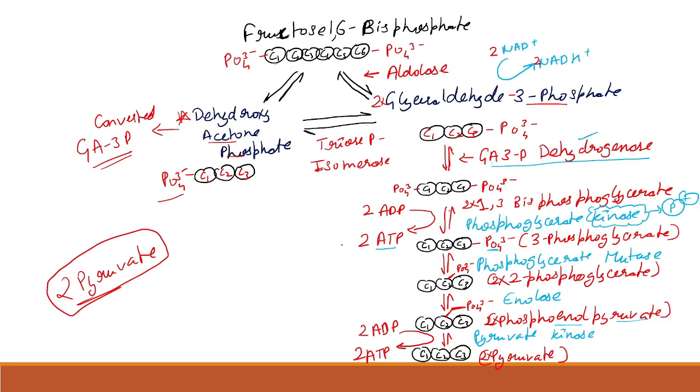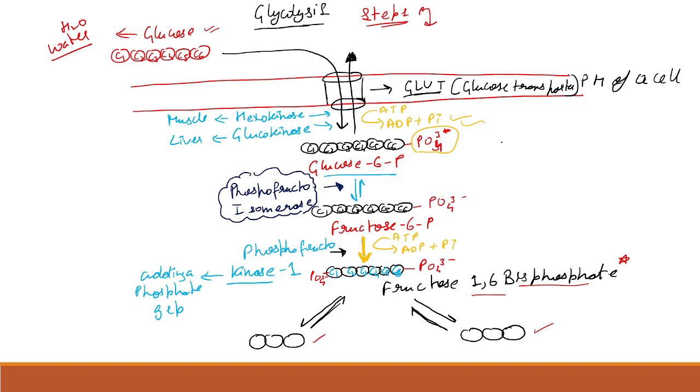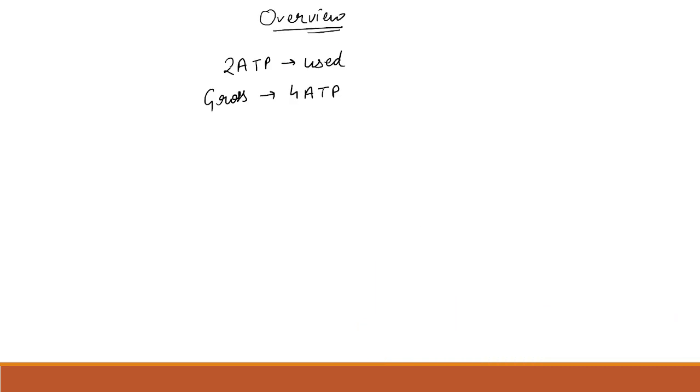So here 2 ATP, this one 2 ATP, 2 plus 2, 4 ATPs we got. But in these steps 2 ATPs were used. So if we count net ATP, then we will subtract the 2 ATPs which we have already used. So we will get a net of 2 ATP from this whole glycolysis process.